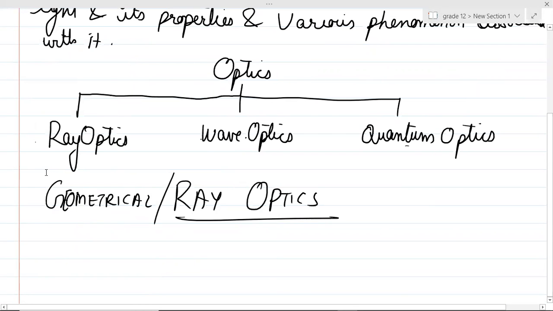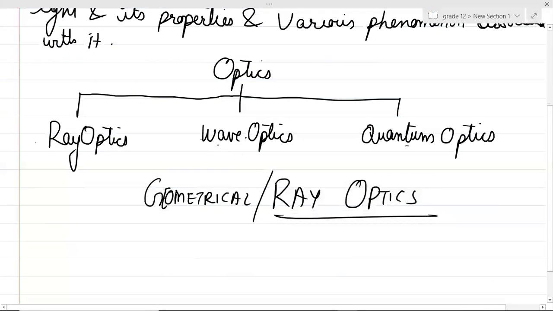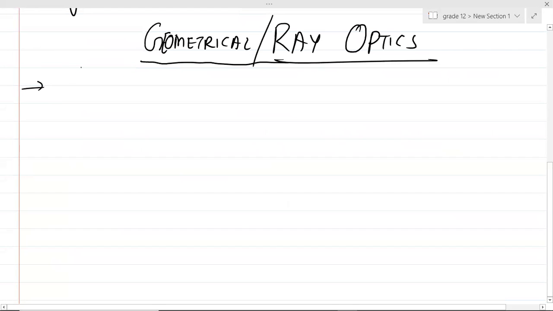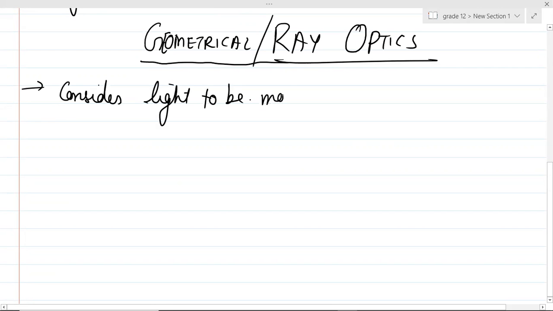So in the case of geometrical or ray optics, basically we consider light to be moving in a straight line path.